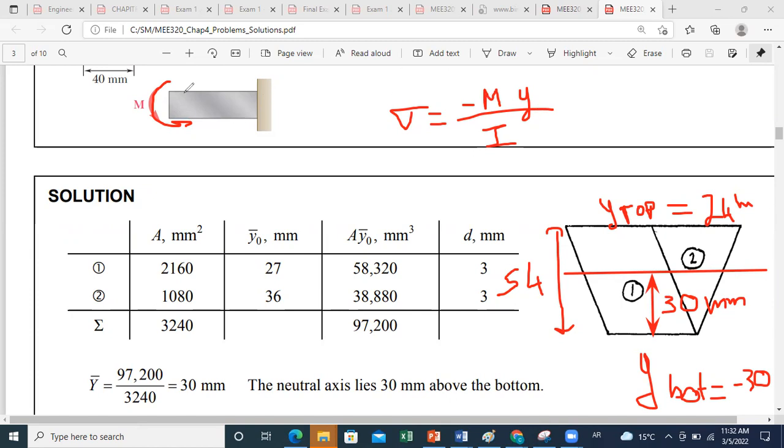So keep in mind when you replace here is to replace M with a negative value. But what we care about here is the absolute value of M, the magnitude of M. So in this formula, when you replace y top by 24 millimeter and M by a negative result, you will get at the top a positive sigma, because as expected, at the top you have tension and at the bottom you have compression.